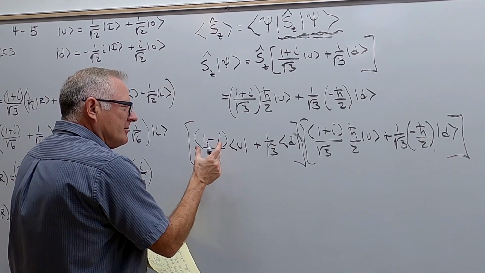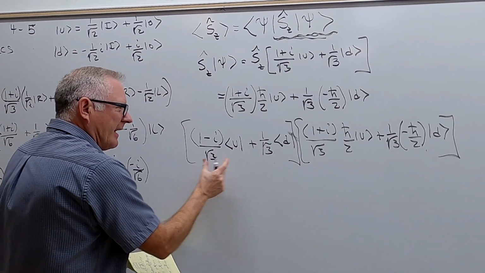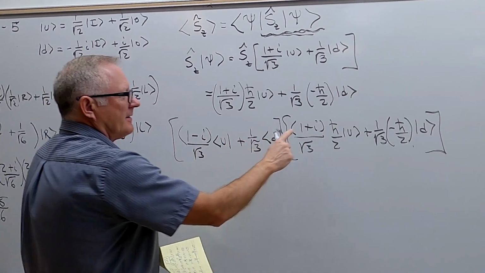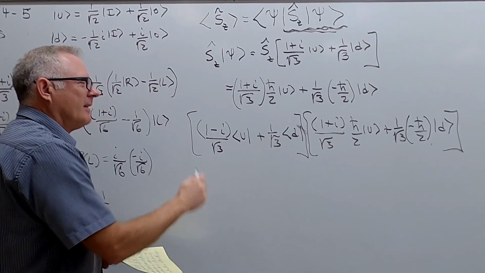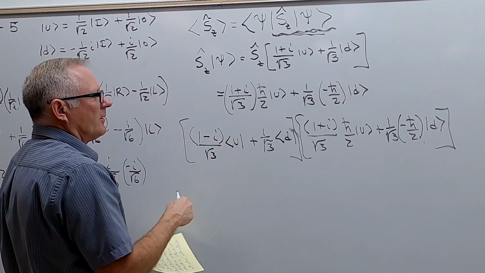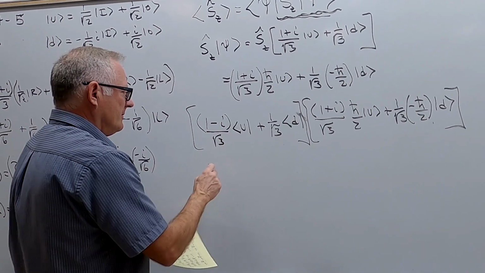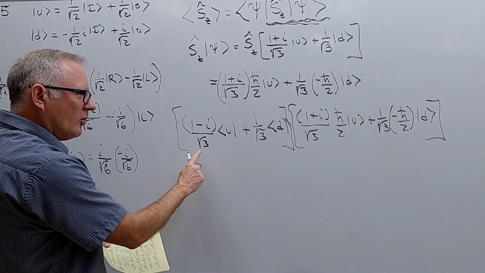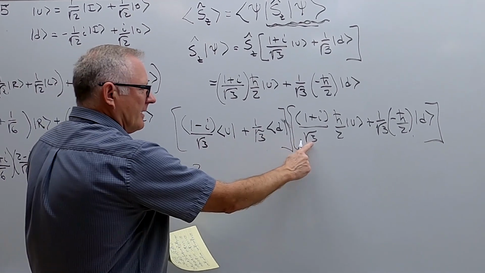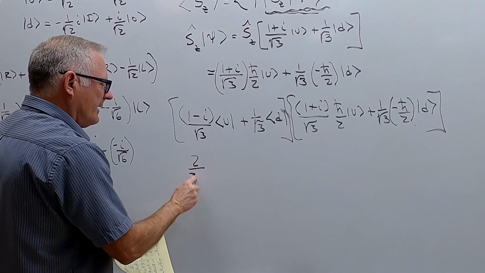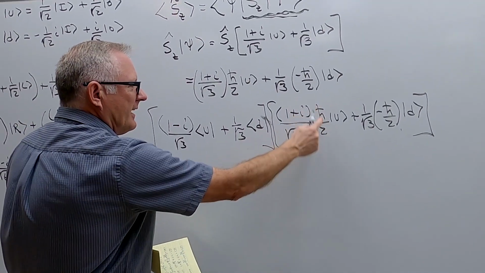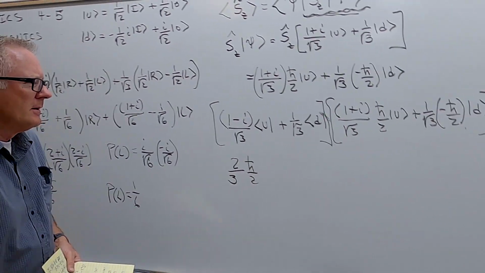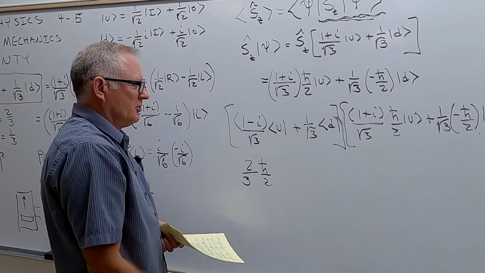So just multiplying these two together, 1 minus i times 1 plus i is just 1 squared plus 1 squared, which is 2. So that gives me 2, all over the square root of 3 times the square root of 3, that's 3. And then we already have the h bar over 2, and then we had the up up, which is 1.